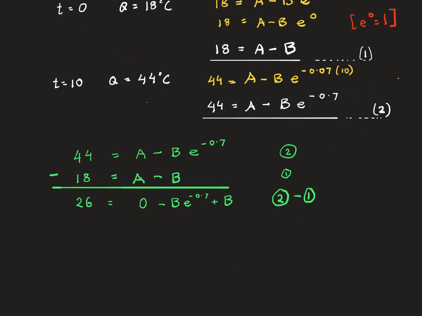This could be rewritten as 26 equals B minus B e to the minus 0.7.